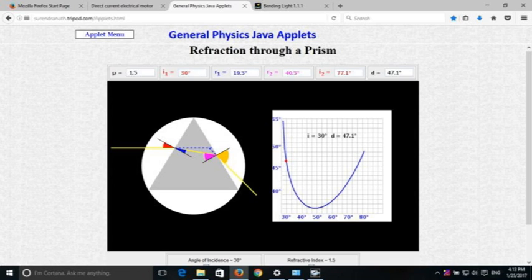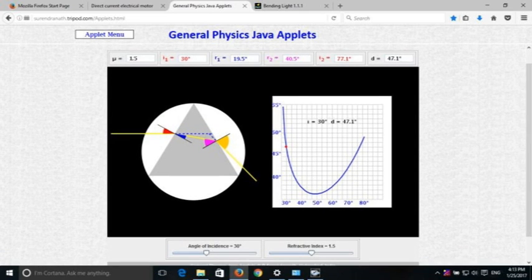If you are not able to see it, I can increase the angle of incidence and show you that angle of deviation. See, I think it's easier for you to notice this angle of deviation: the incident ray produced and the emergent ray produced backwards. This is the angle of incidence, and this is the angle of deviation.